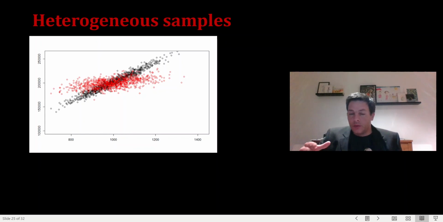This is very important because we need to understand why, if the relationship between two variables differs in these two groups, this is the case. If we completely ignore the sex of the sample, then the correlation is very low. But if we don't ignore that, the correlation in the black dots becomes very, very large.